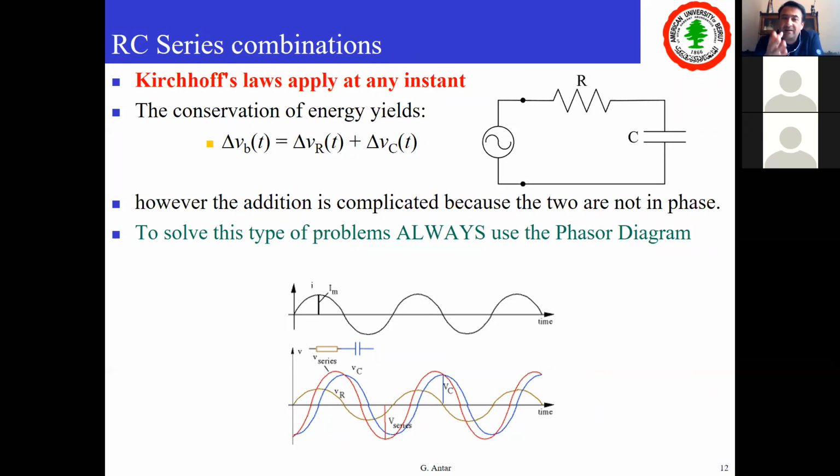So if I start with, let's say, I equal to I max sine of omega t, delta V in the resistor will be in phase with the current I. And the capacitor will add a pi over 2 phase difference. So now if I want to use this method, delta V equal delta VR plus delta VC, I'm going to be confronted with adding 2 sine waves with different phases.